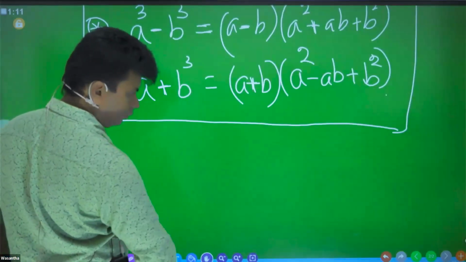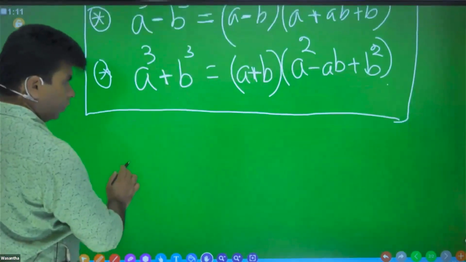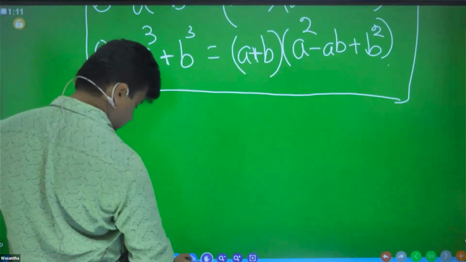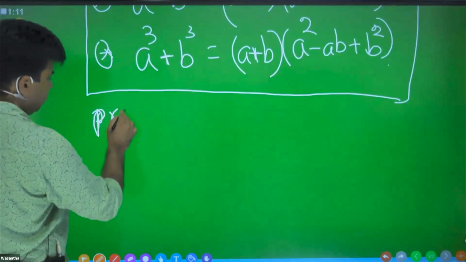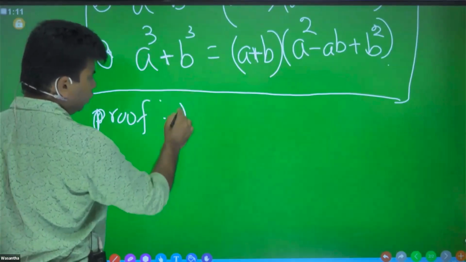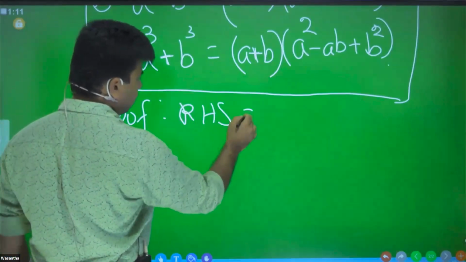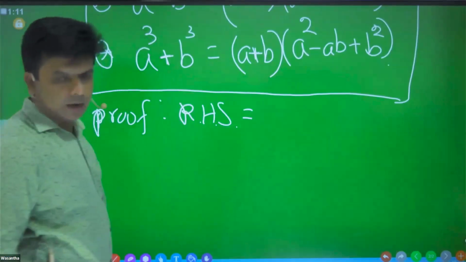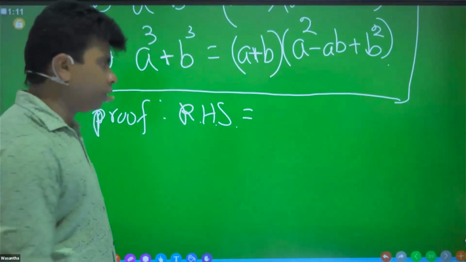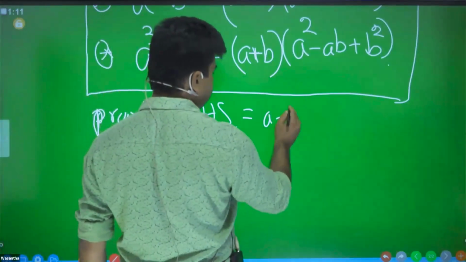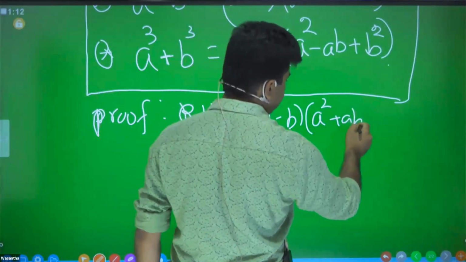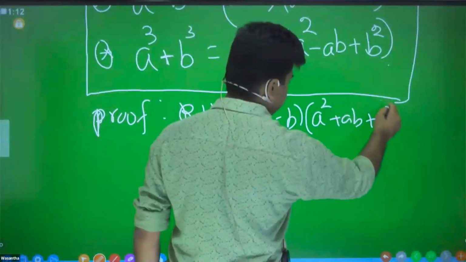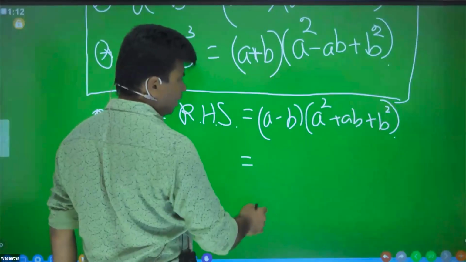Now, proof. So we go to the RHS. What is RHS called? Right hand side. If you go to the right hand side, we can multiply A minus B and A squared plus AB plus B squared. So how do we multiply one by one?